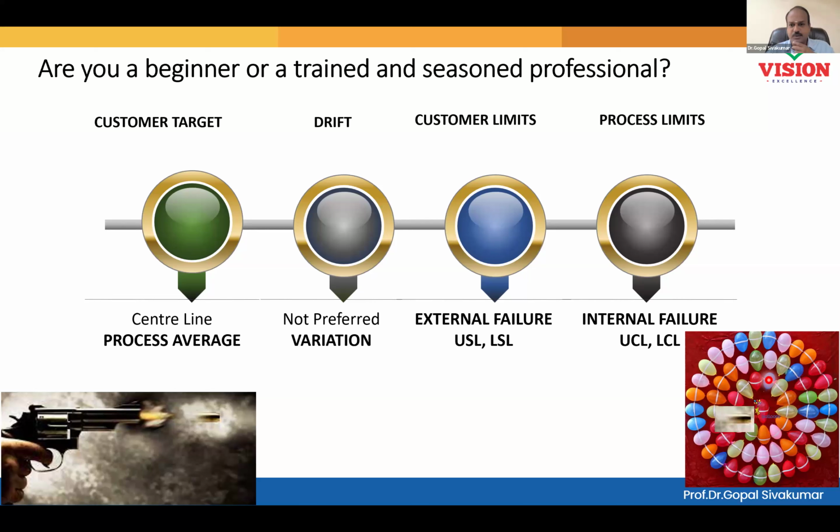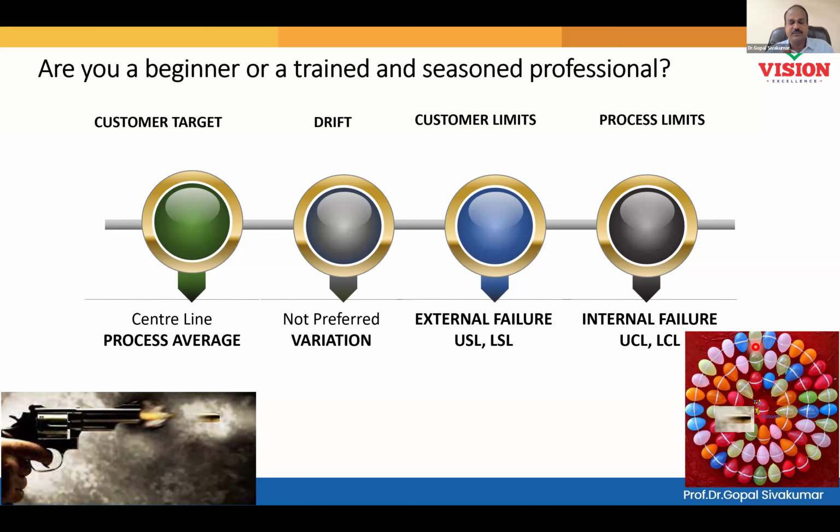If you lose further control, your bullets may start hitting the second circle. If you lose further control, your bullets will start hitting the third circle. If you lose the control further, your bullets will start hitting the audience. Situation is extremely worst now, and nobody will allow you to continue further.